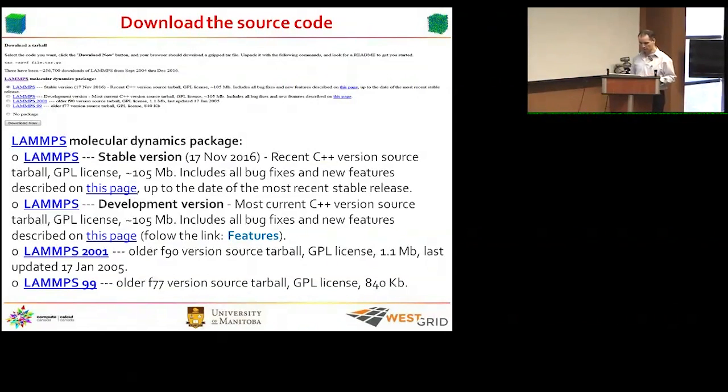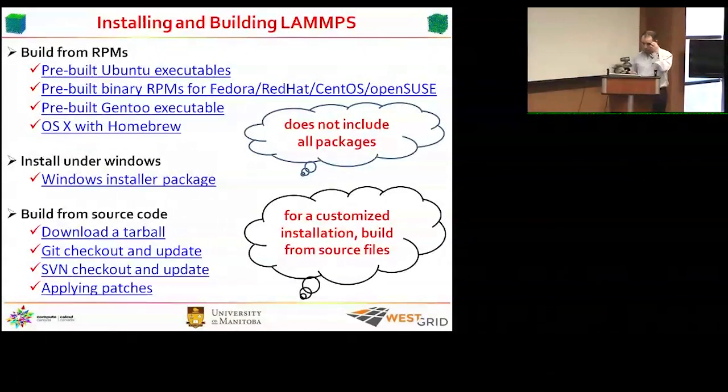The last one was made in November 2016. So as I said before, if you install from RPMs, you don't have all the packages that come with LAMMPS. For a customized installation, you have to build from source. So you have to download the tarball file and install from that.